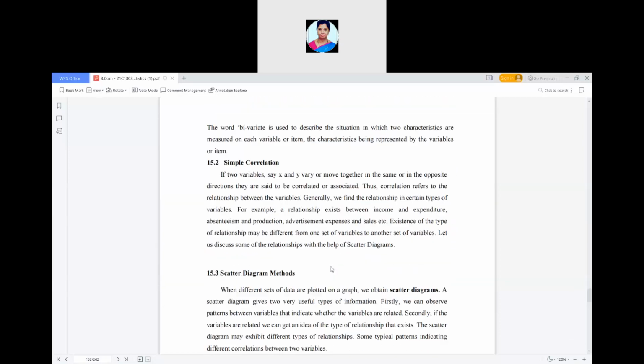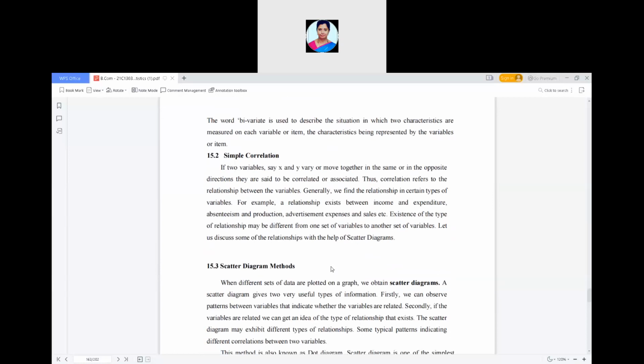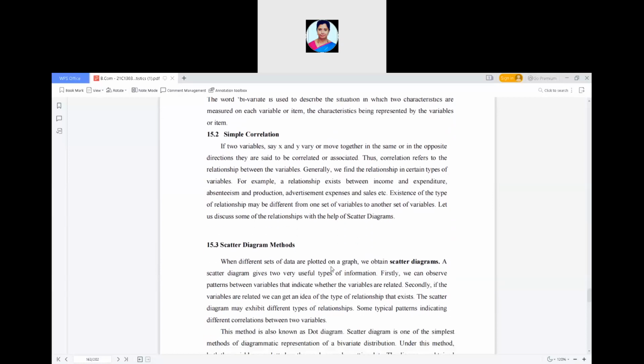What do we mean by simple correlation? If two variables, say x and y, are moving in the same or in the opposite direction, they are said to be correlated or associated. So correlation refers to the relationship between two variables.